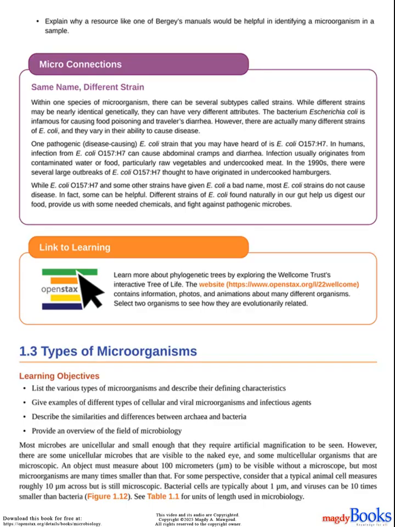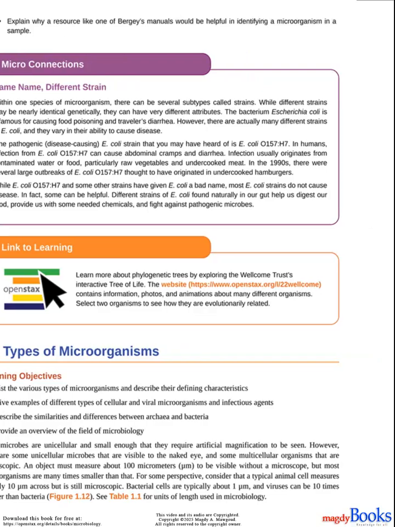For some perspective, consider that a typical animal cell measures roughly 10 micrometers across but is still microscopic. Bacterial cells are typically about 1 micrometer, and viruses can be 10 times smaller than bacteria, Figure 1.12. See Table 1.1 for units of length used in microbiology.